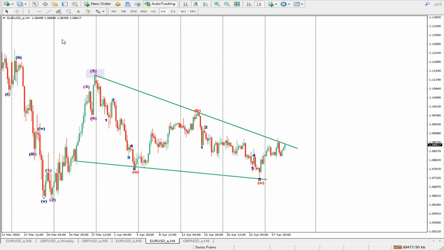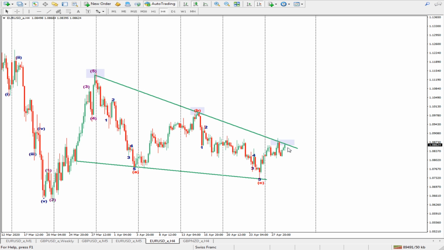We have a resistance here. This should give us the correct place we want to pick a sell from. So if you're looking at this chart now, you better be expecting a sell. If the price gets to this point here, this should give you the correct place you want to pick a sell from.